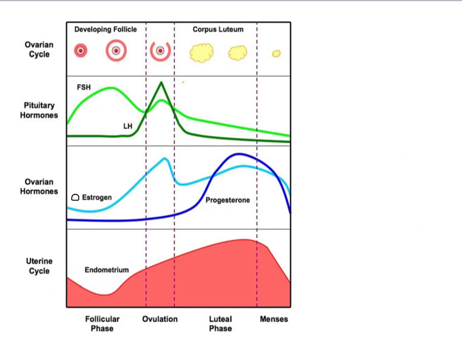In dark blue we have progesterone, which are ovarian hormones that we'll talk about. And in green we have FSH and LH, which are hormones from the pituitary gland, which again we'll talk about. And at the top we have a simple pictorial representation of the developing follicle.